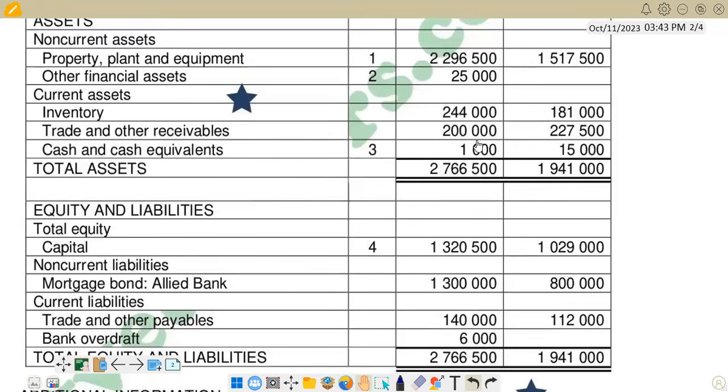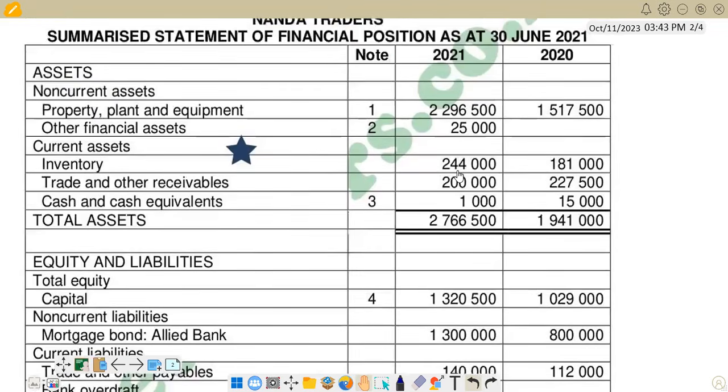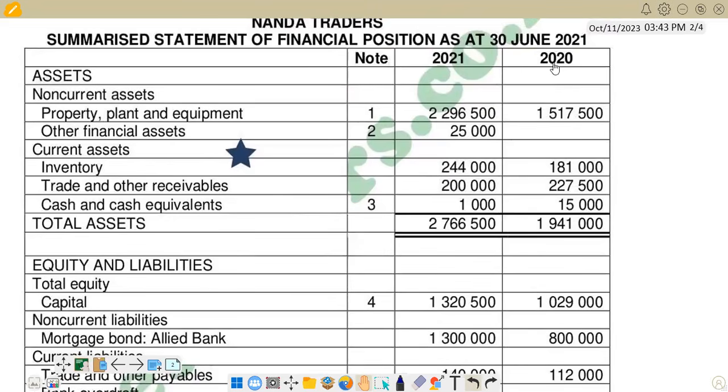On top, we have the column for 2020, which is where the year begins, and then 2021, where the year ends. So 2020 represents the start of the year. Trade and other receivables at the beginning are 227,500, and at the end we have 200,000. So we are adding 227,500 and we subtract 200,000.